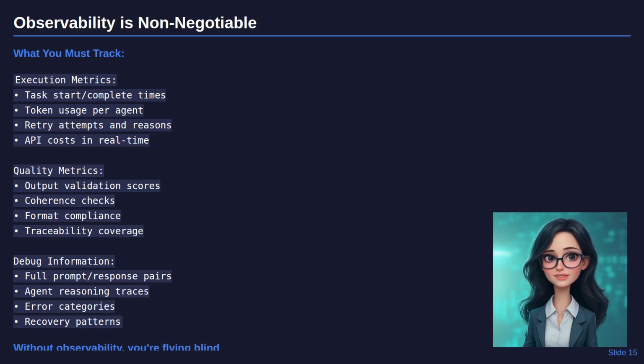When you build your digital twin, start with logging on day 1, not day 30, when things are mysteriously failing. Day 1. Every agent action, every decision, every retry. Log it all. You'll thank yourself later when you're debugging why the requirements agent suddenly started hallucinating.